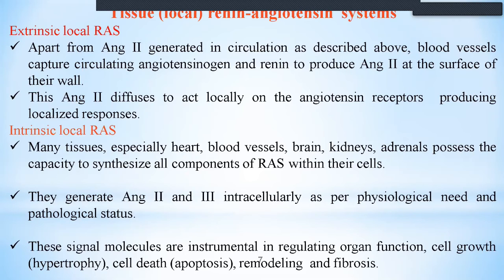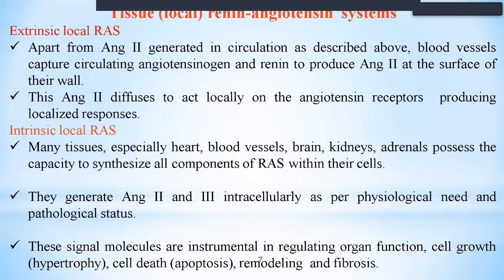Apart from the angiotensin generated in circulation as described above, blood vessels capture circulating angiotensinogen and renin to produce Ang 2 at the surface of their wall. And this angiotensin 2 diffuses locally onto the angiotensin receptors, producing localized responses.